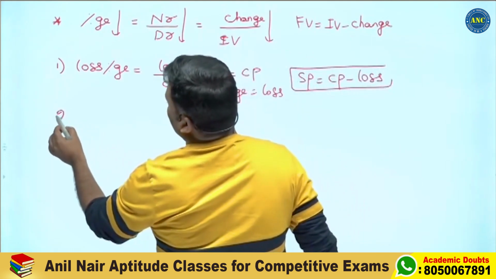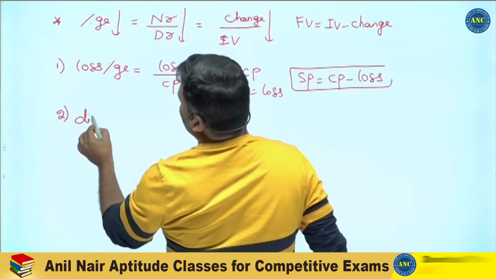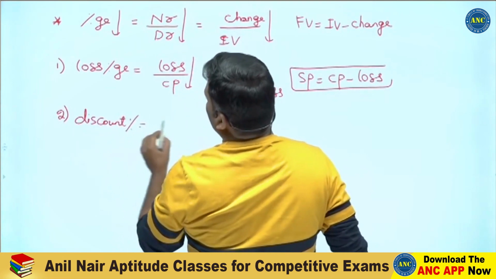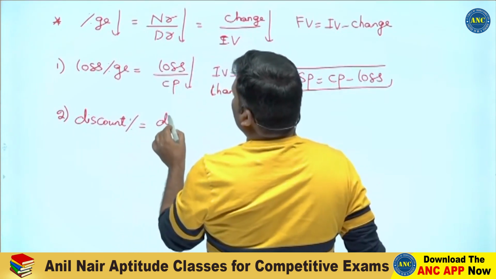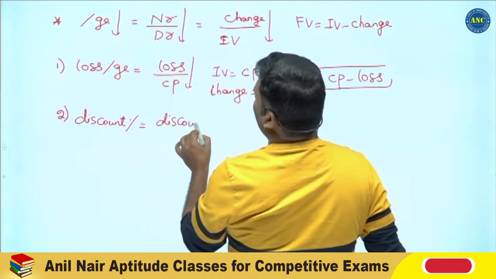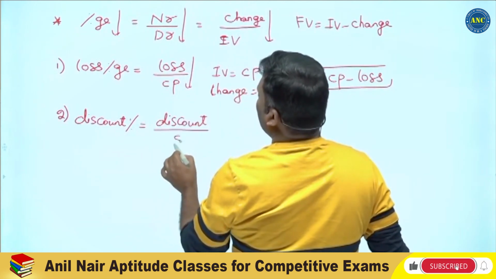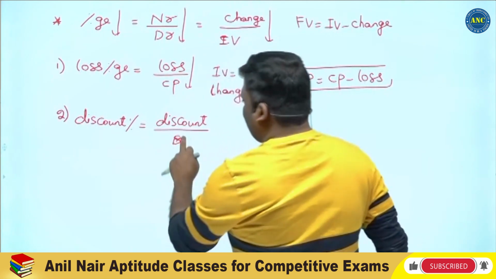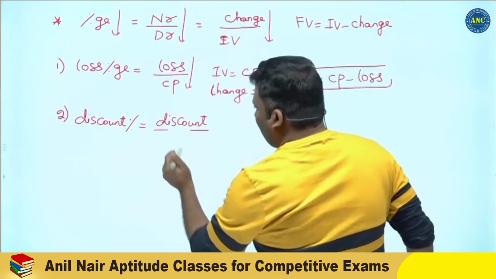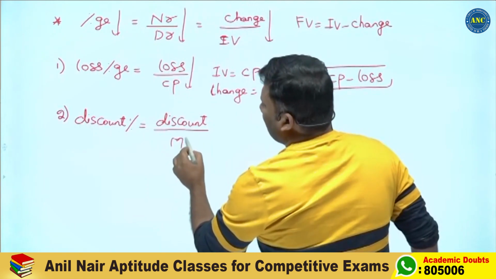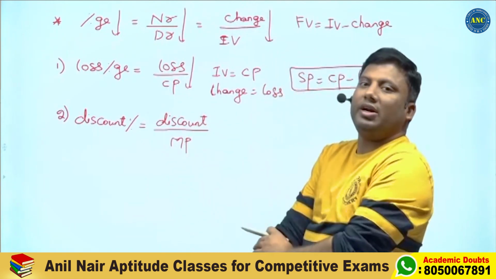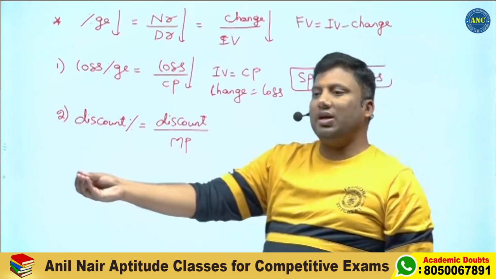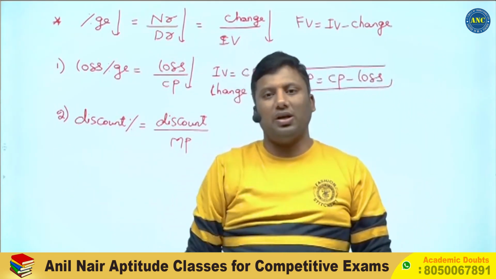The next one is discount percentage. I went to a shop and there is a price marked on the product, which is the marked price. Suppose I bought a water bottle which cost 20 rupees.